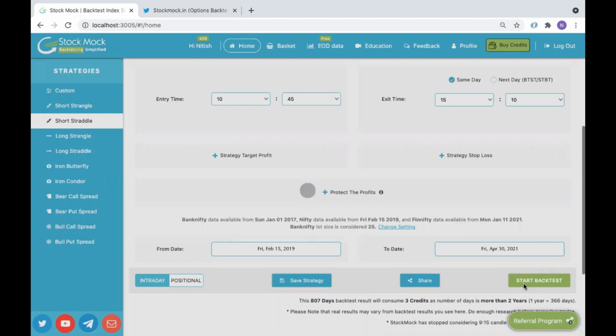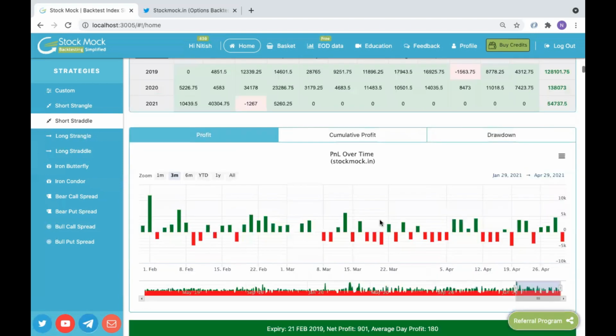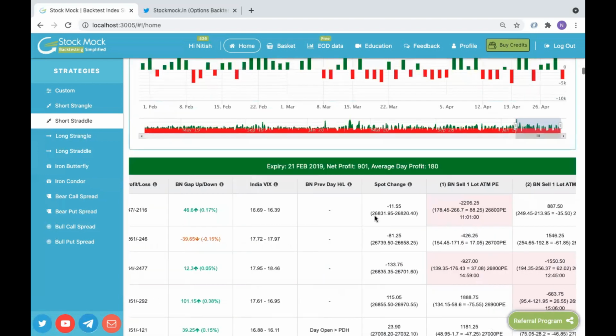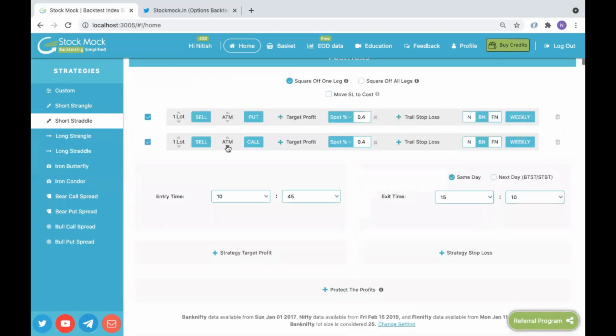Whatever the spot price at 10:45, we can calculate 0.4%, and that will be the result. So 594 rupees, that's fine. Okay, not good. So this is your spot price, and we calculate 0.54% for that, and that would have triggered this. We could have done, let's try inverted strangle.